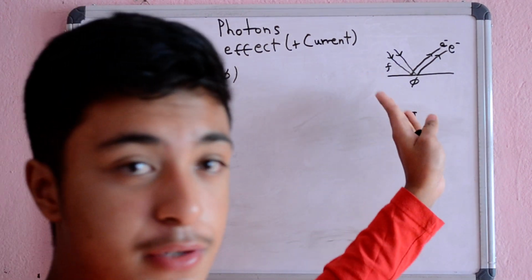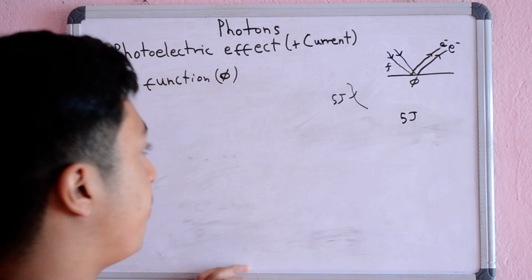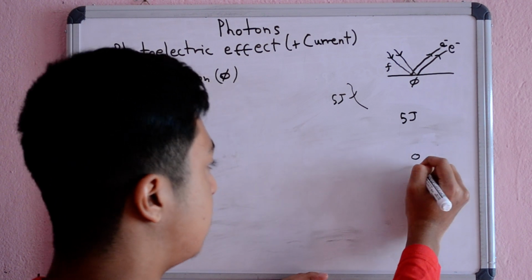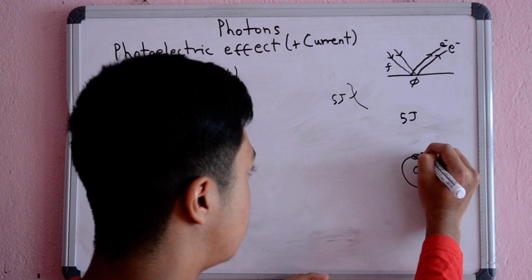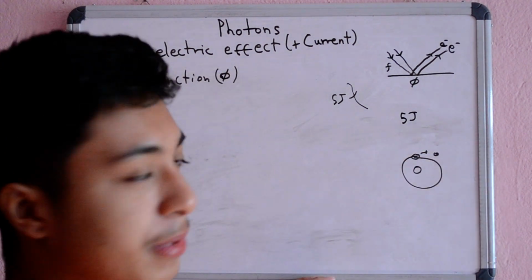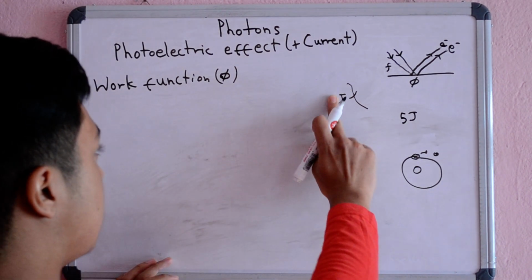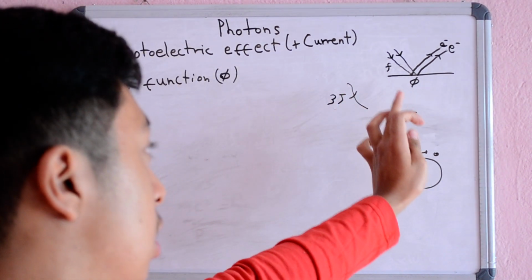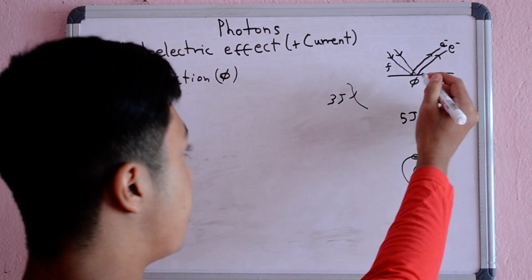If you have radiation of exactly 5 joule, then the electrons just emerge out of their orbits. So an electron just emits out of the orbit from the metal surface. Now, let's say you only have 3 joules. It is not enough to overcome the work function, because this is the minimum energy required.